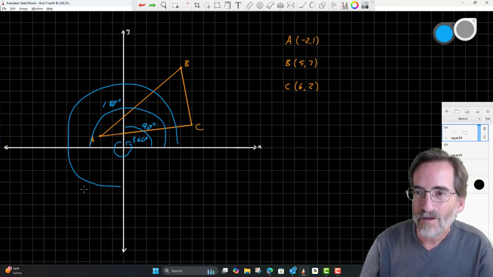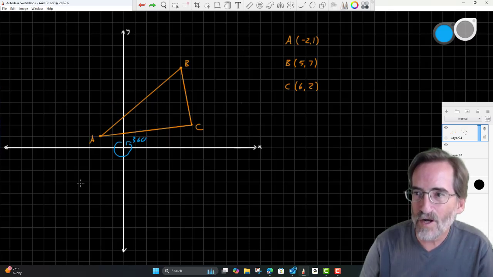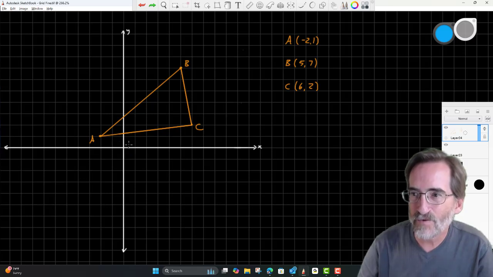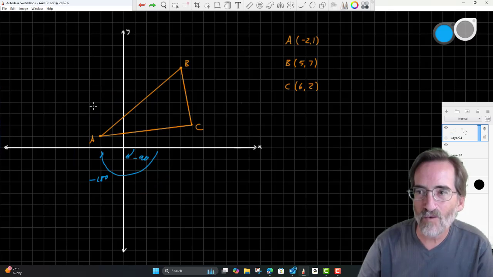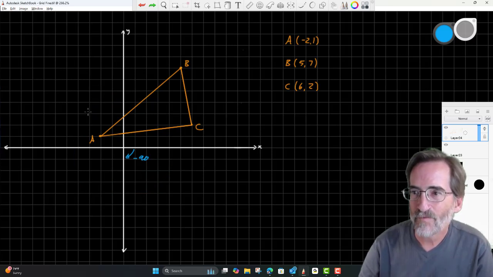Now we can go the opposite direction. We can go clockwise, which is actually the negative direction, and get -90, -180, -270. But they're all multiples of 90: 1, 2, and 3 times 90.